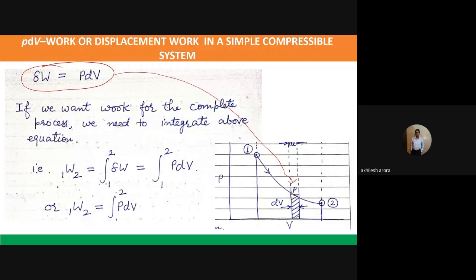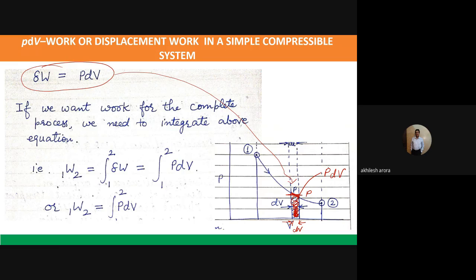During this process from here to here, the average pressure is P. So this area is P into dV, because this value is dV. The area of this rectangle is PdV. So it means the area under the curve will give me the total work transfer. This area which I have highlighted is nothing but PdV.